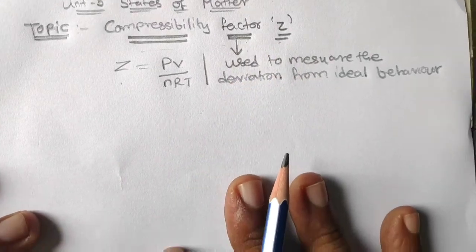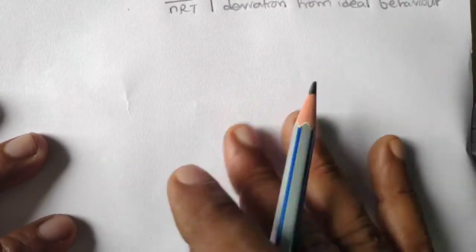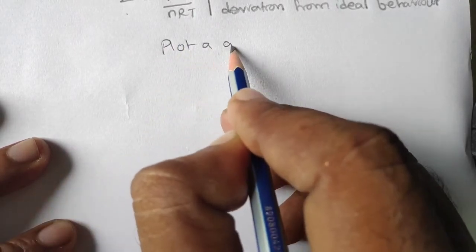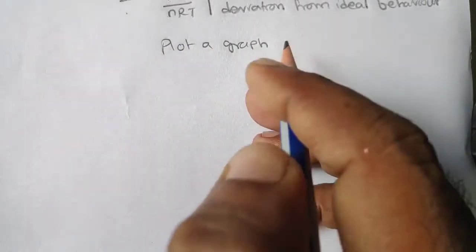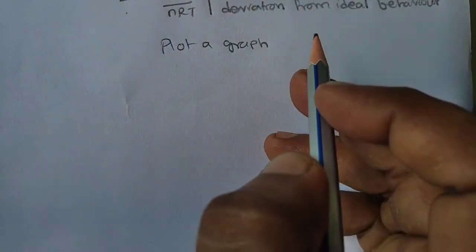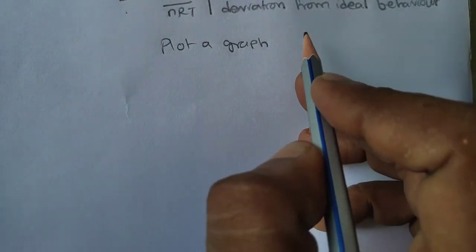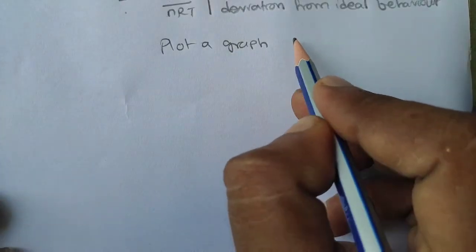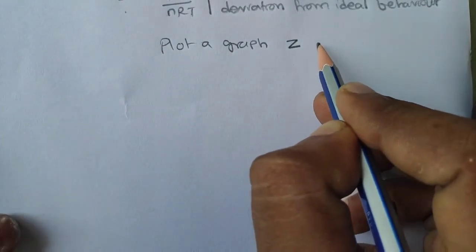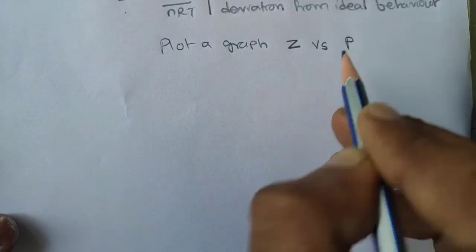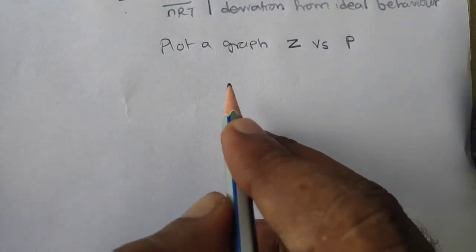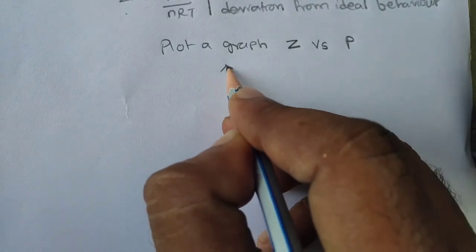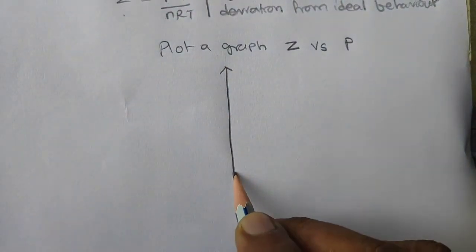Now suppose a graph is drawn of Z versus pressure. You will see the graph will be like this.